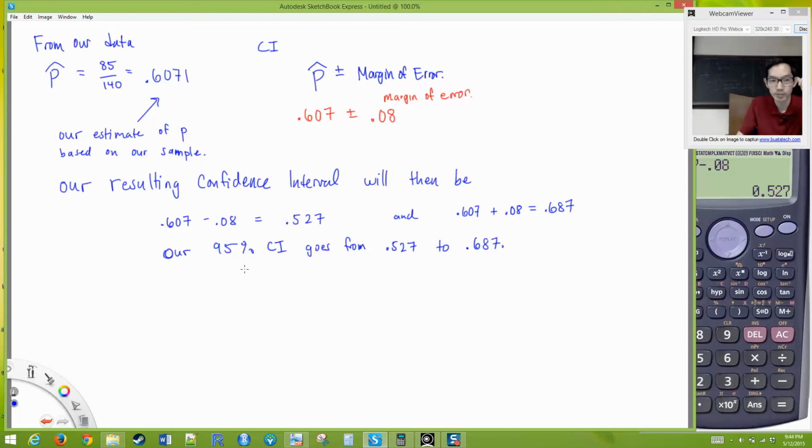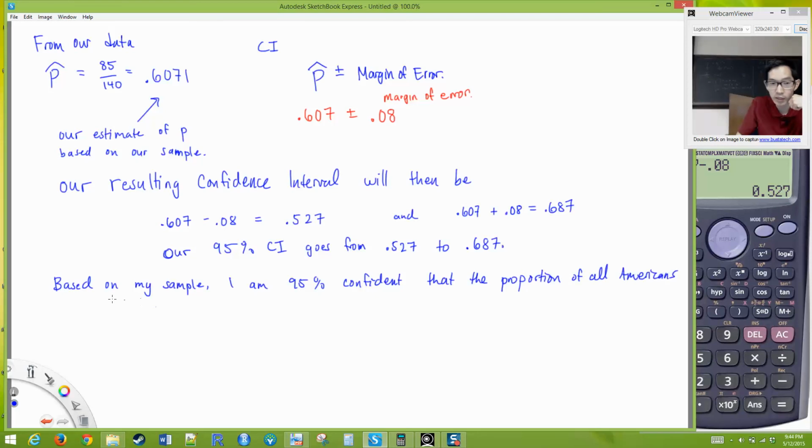So right now, we would say something along the lines of, based on my sample, I am 95% confident that the proportion of all Americans that like Swedish fish is between 0.527 and 0.687.